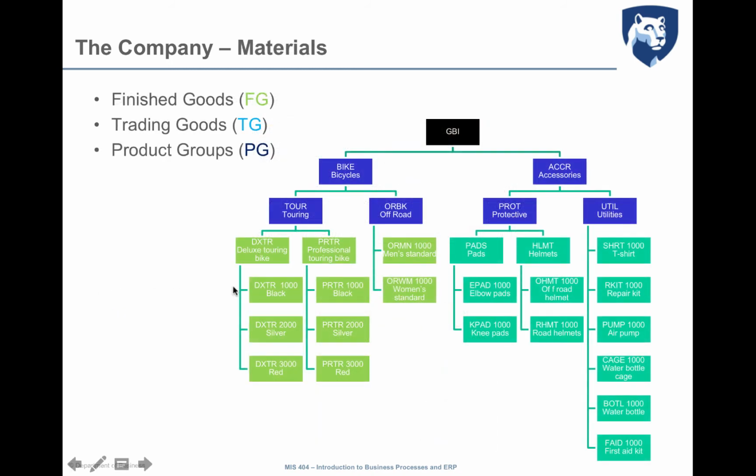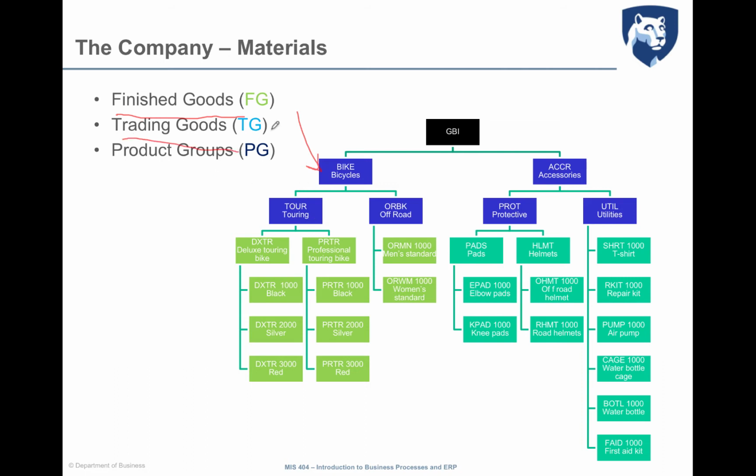If we deep dive into the bill of materials of JBI, we can see that JBI of course offers what we can call finished goods, which are essentially the goods that are produced by the company. So definitely the bikes, touring and off-road, professional touring biking and off-road biking.